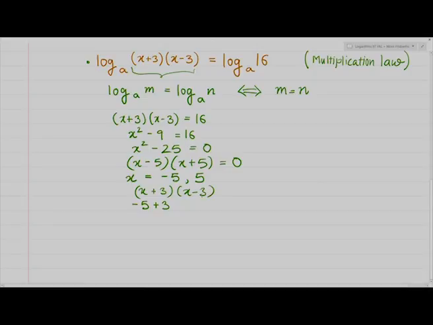So, minus 5 plus 3 and minus 5 minus 3. Okay. Now, if you are checking in this step, then what will happen? It is minus 2 into minus 8, right, which will become 16. So, the argument is positive.